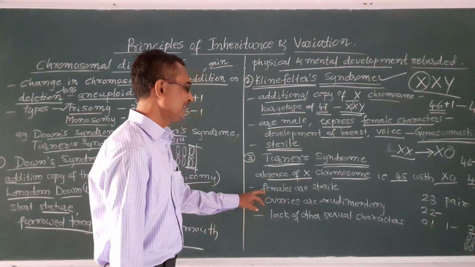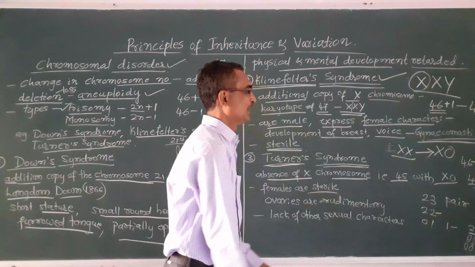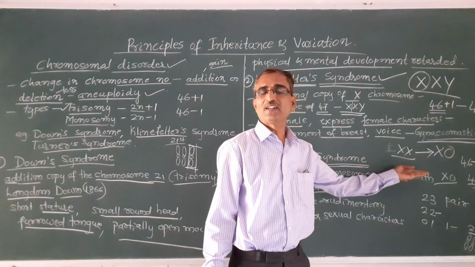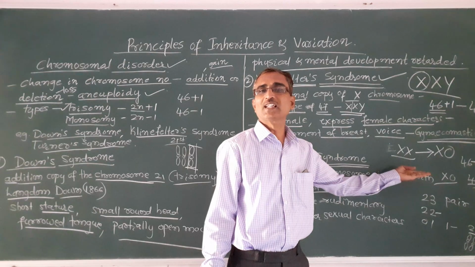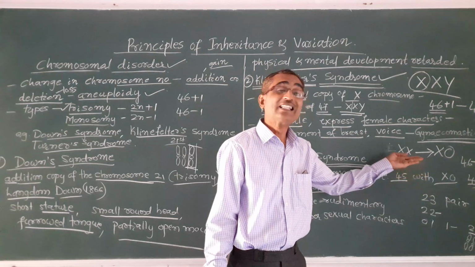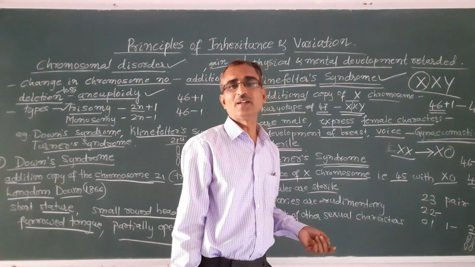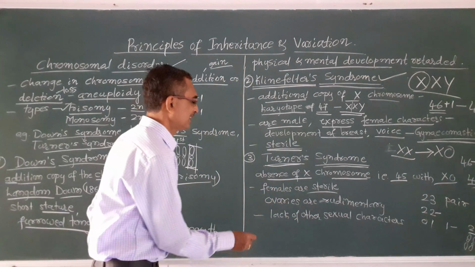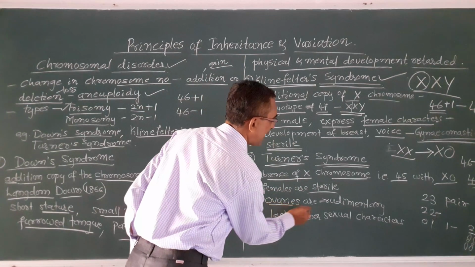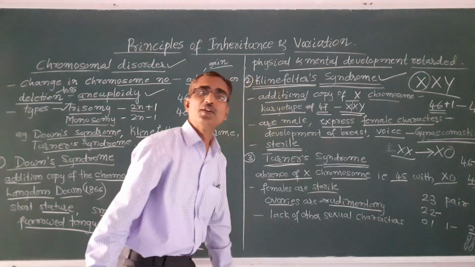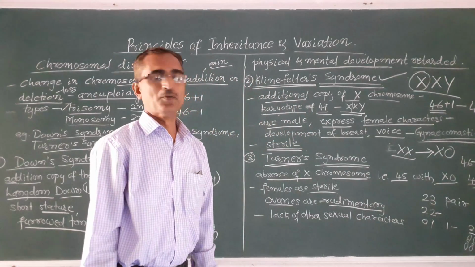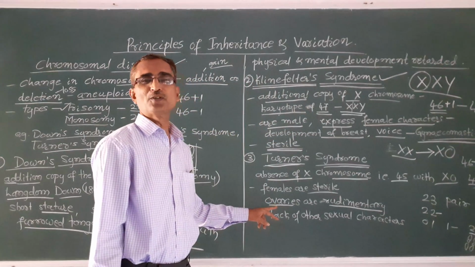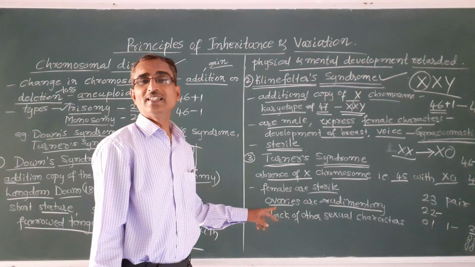Females are sterile. Such females where one X chromosome is absent are sterile, that means they won't give birth to a child. Here the ovaries are rudimentary. Rudimentary means non-functional. Ovaries usually produce the ovule, the egg.